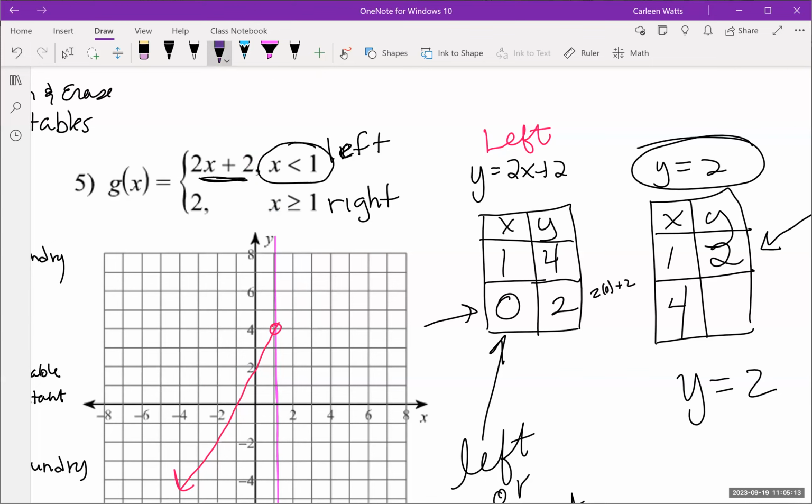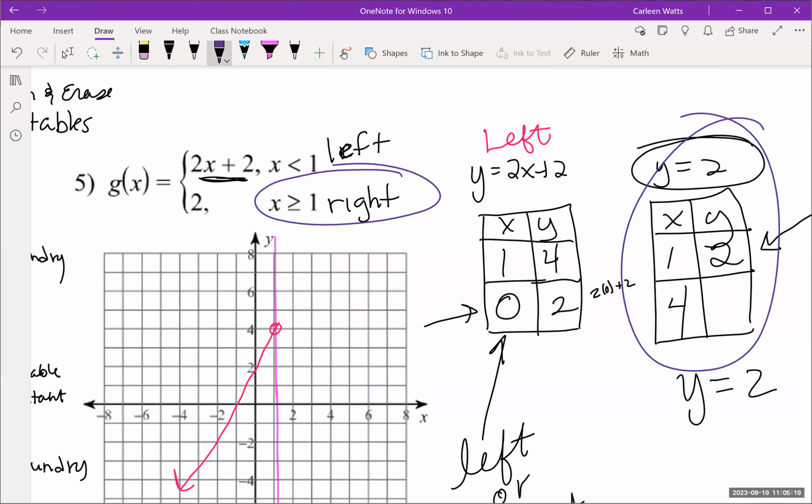Okay, let's do purple. Let's talk about this one. So that's this right here. Let's plug in 4. This is a constant function. When X is 1, Y is 2. When X is 4, Y is 2, right? Notice the X is missing.